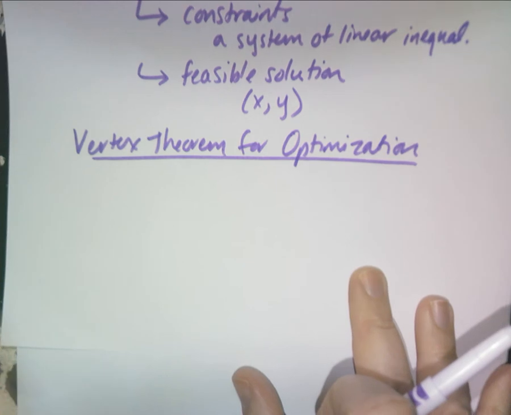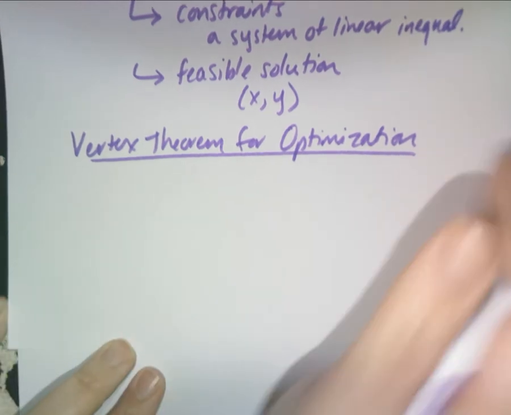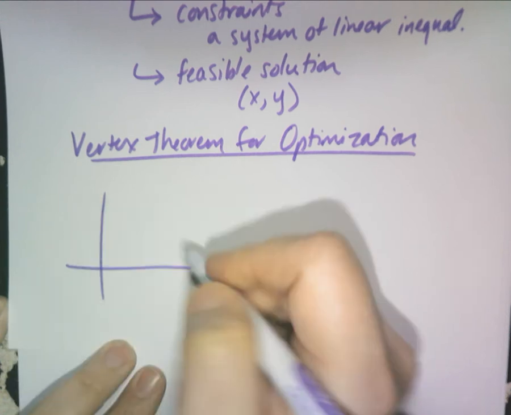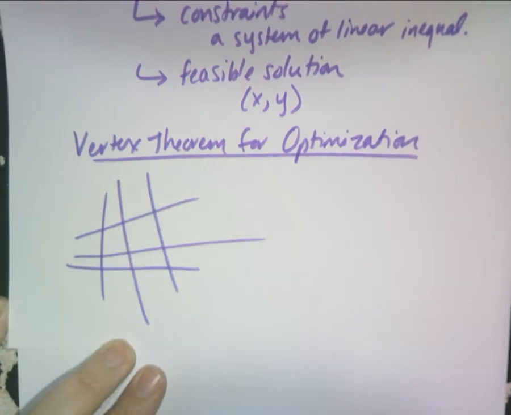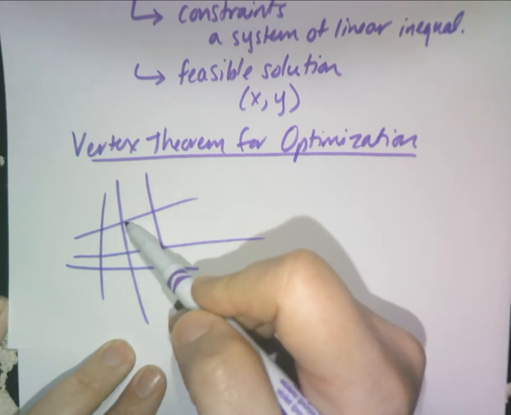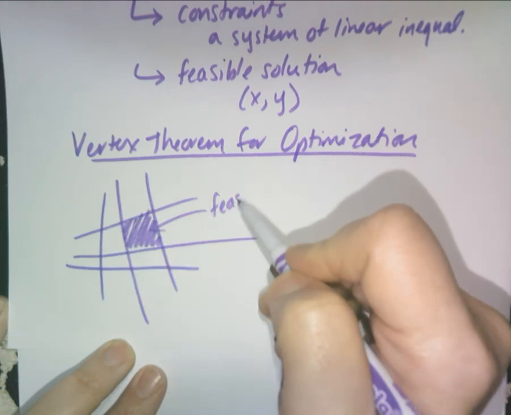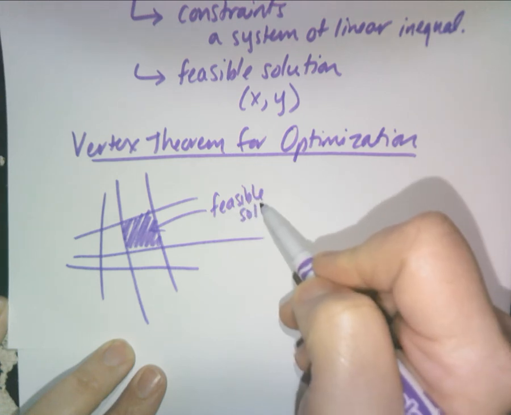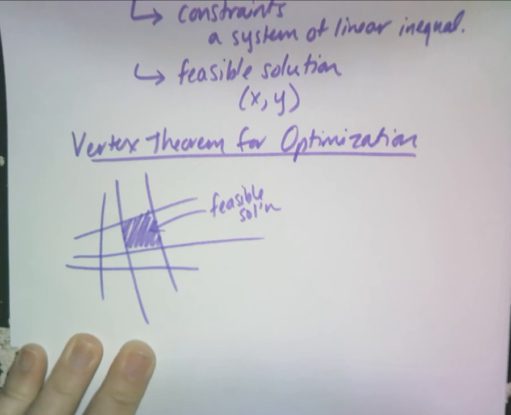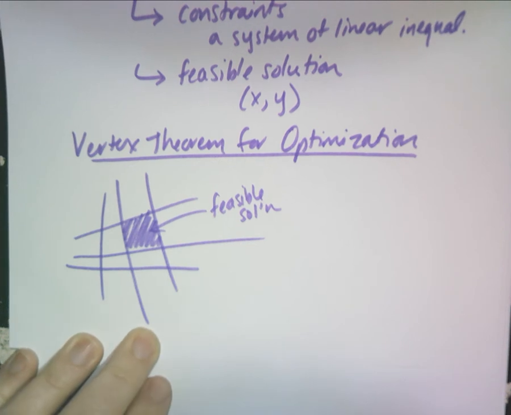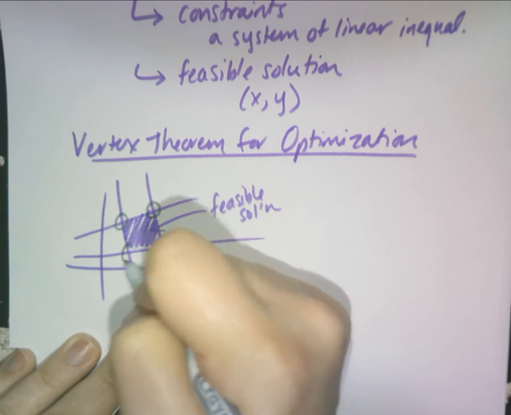I'm going to draw it out here, then explain it, and then we'll write down the definition. Here's pretty much what the vertex theorem says. When you draw this system of linear inequalities and they all overlap right here, right here would be our feasible solution. The vertex theorem says the actual max and min points are not in here, they're actually located at the vertices.